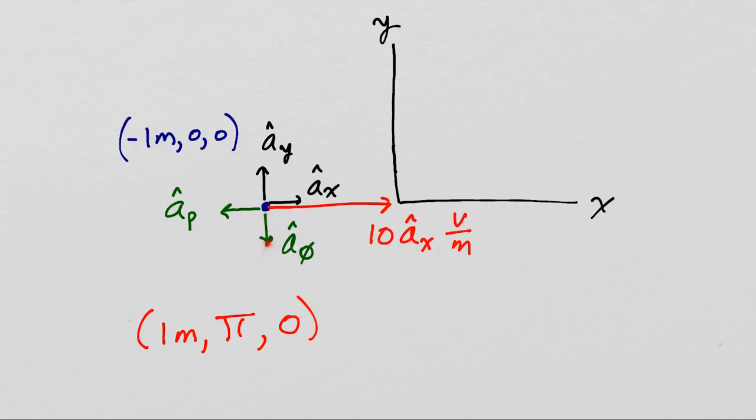And here is the unit vector in the phi direction, in the direction of increasing phi values. So a sub rho is equal to minus a sub x, and our electric field intensity at this point here becomes 10 volts per meter in the minus rho direction.